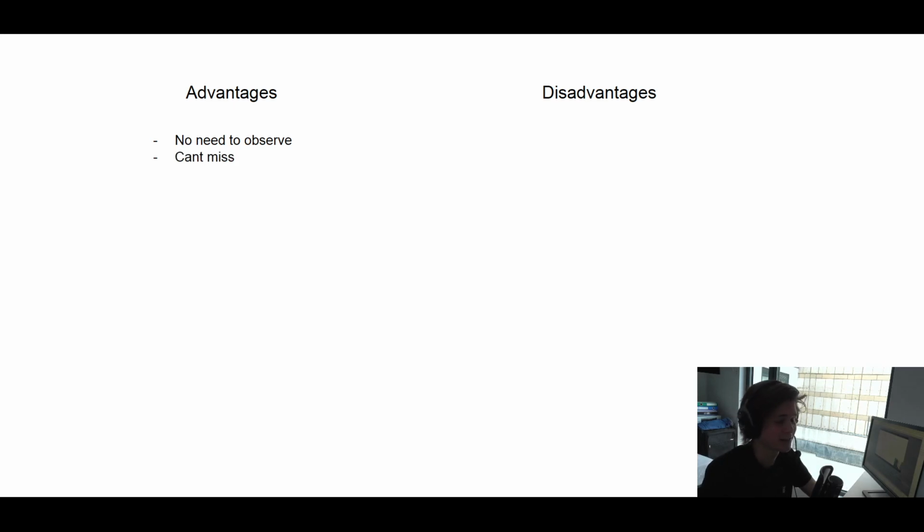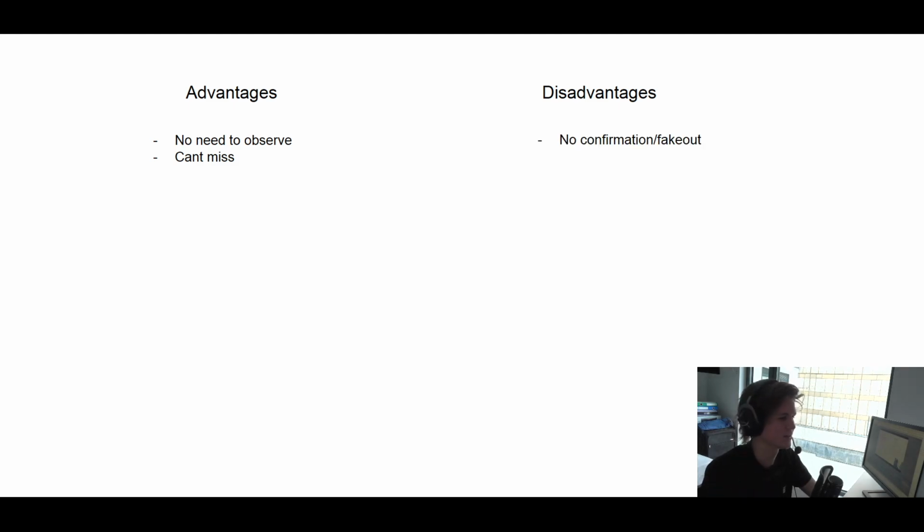And then secondly, you can't miss in the sense if price does go down to your zone and reverses as you predicted, there's no way that limit does not get triggered, as opposed to if you're sitting at the computer and waiting for market execution. It is possible to miss it, but there's no way that your limit will not get filled.